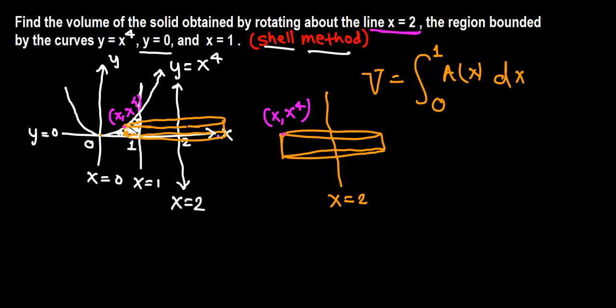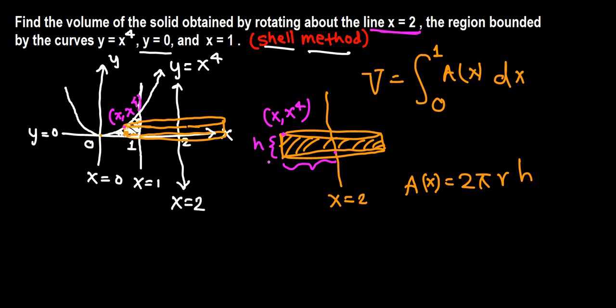Now to find the surface area of the shell, the area A in terms of x is 2 pi radius r times height h. This is the radius, and this is the height, which is the same here.